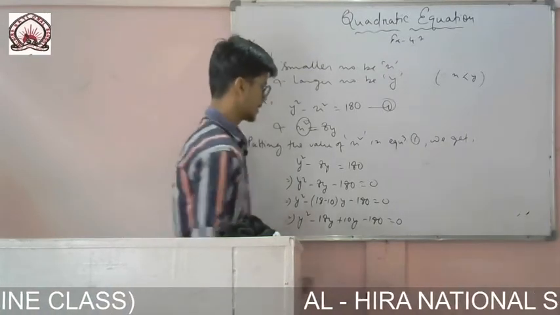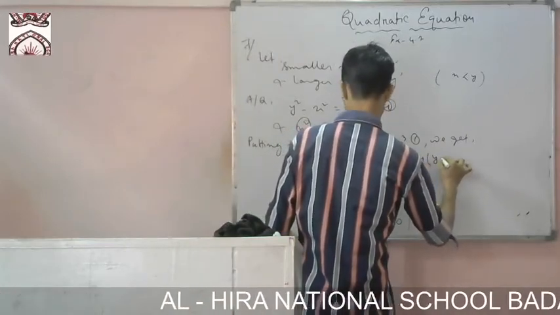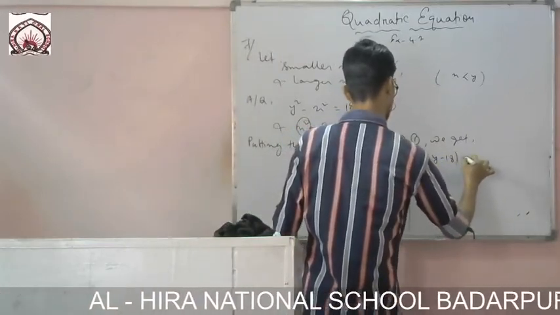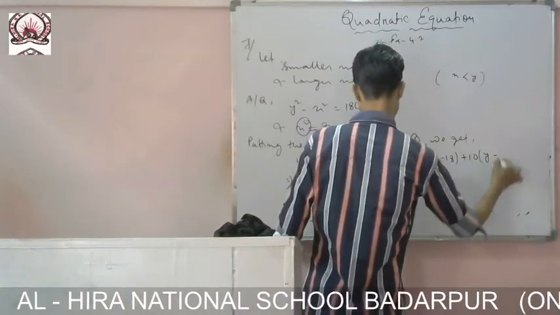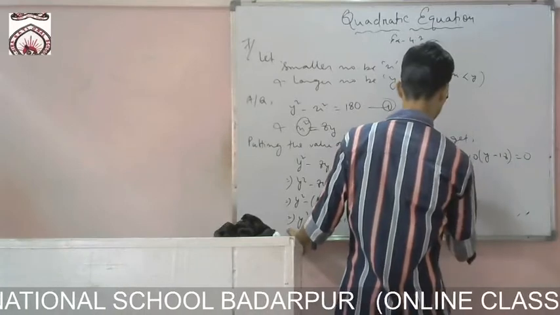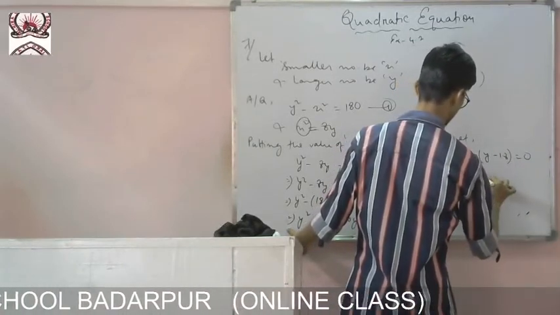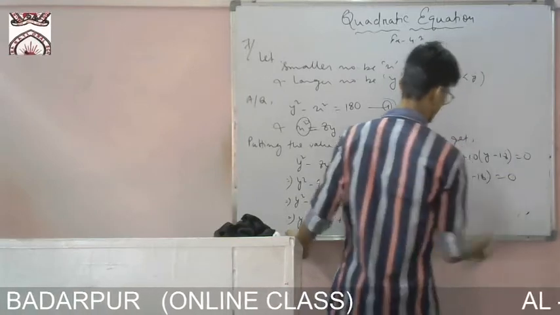So now if I take the common, y will be common here, so it will be y minus 18 plus 10 will be common, it will be y minus 18. So y plus 10 and y minus 18 equals to 0.